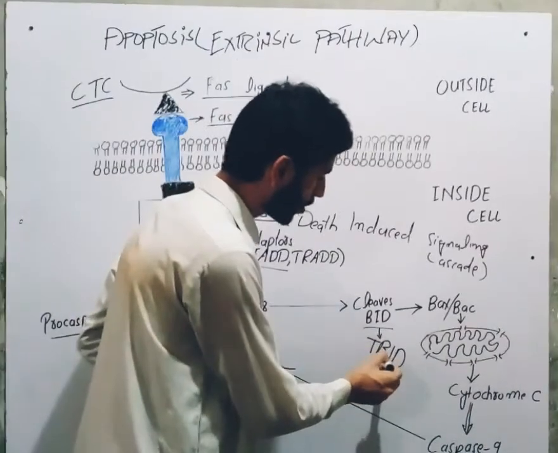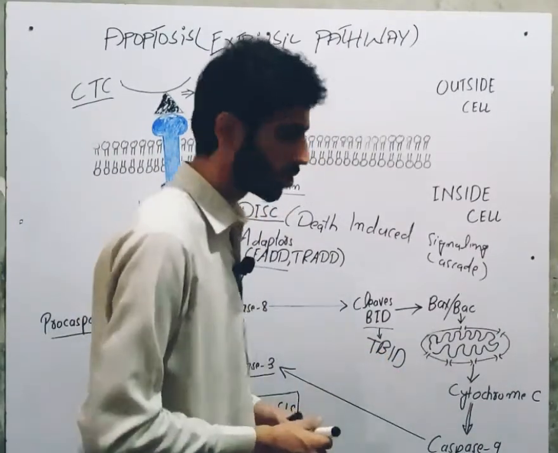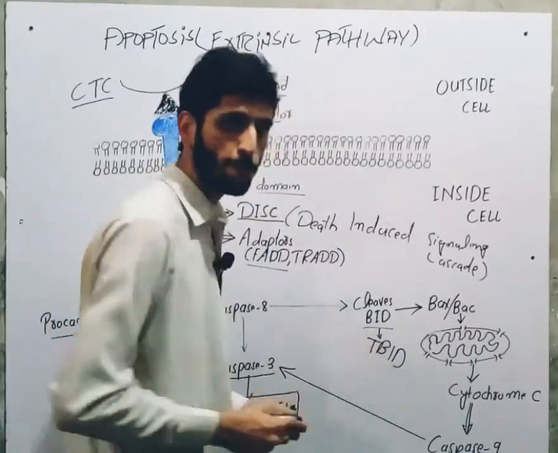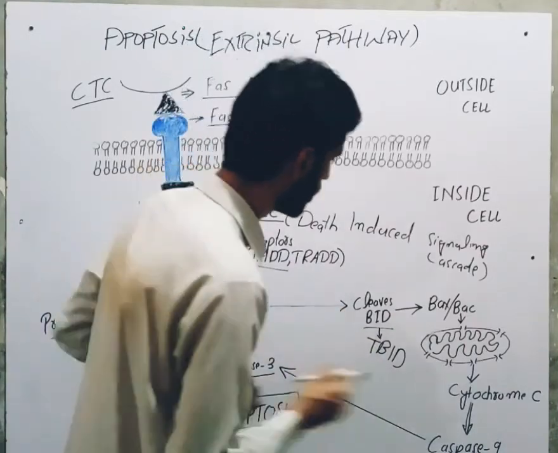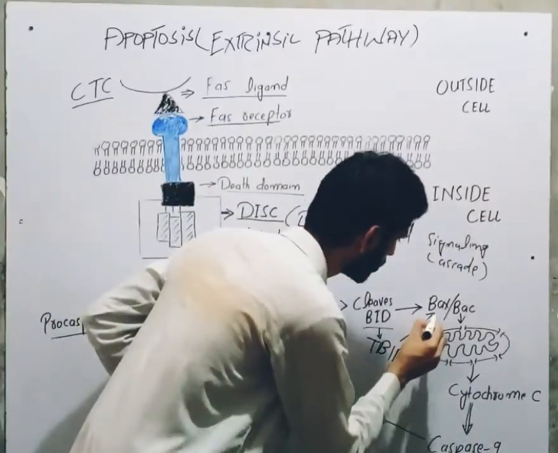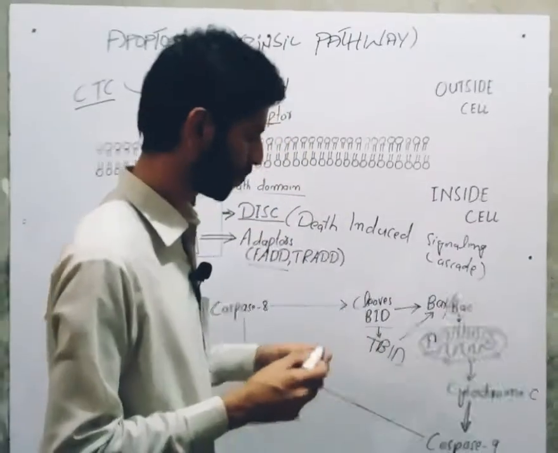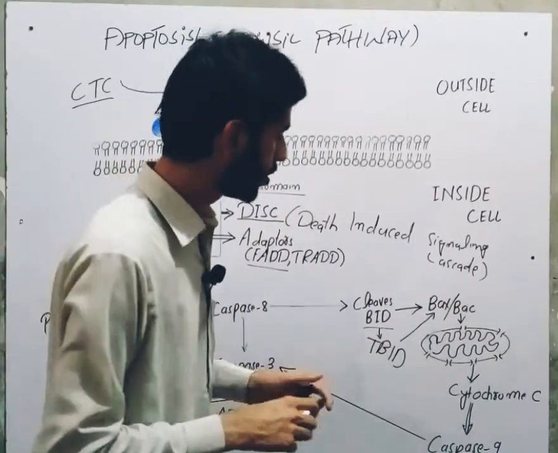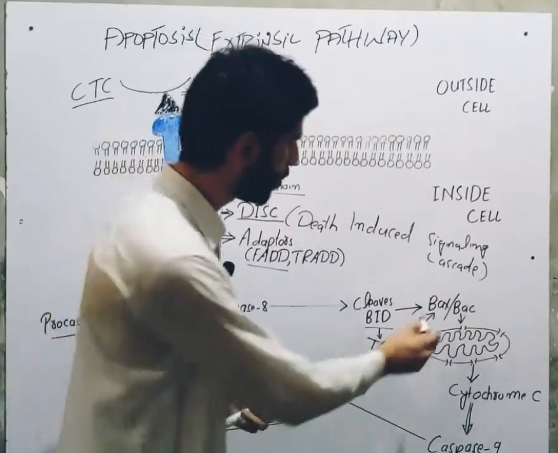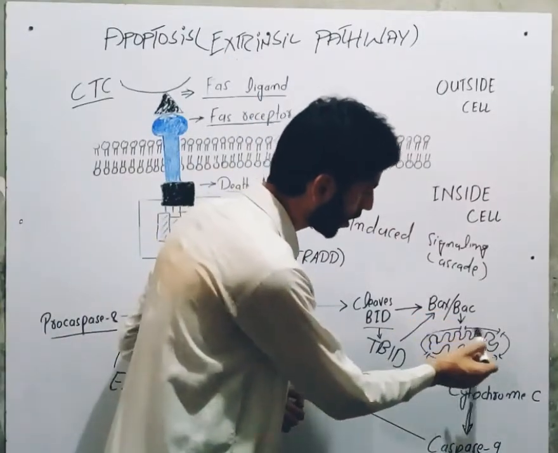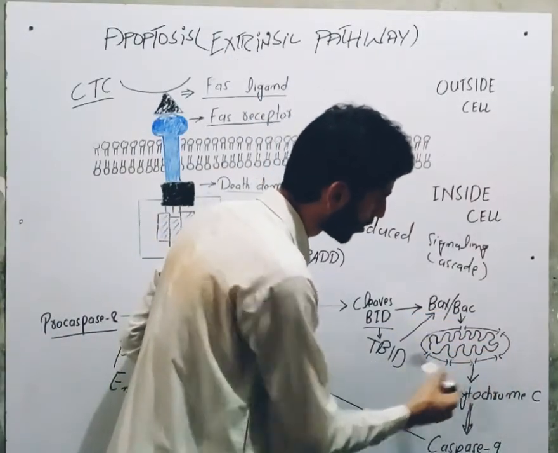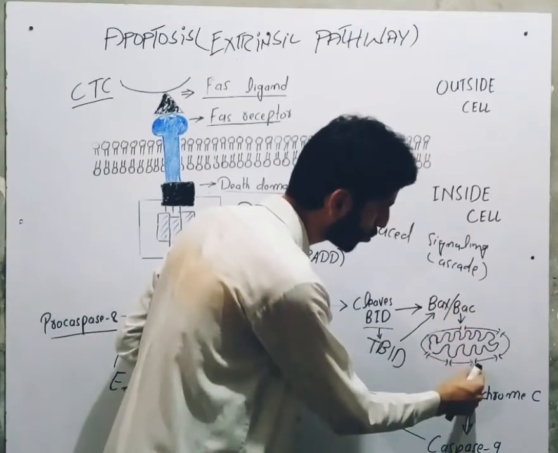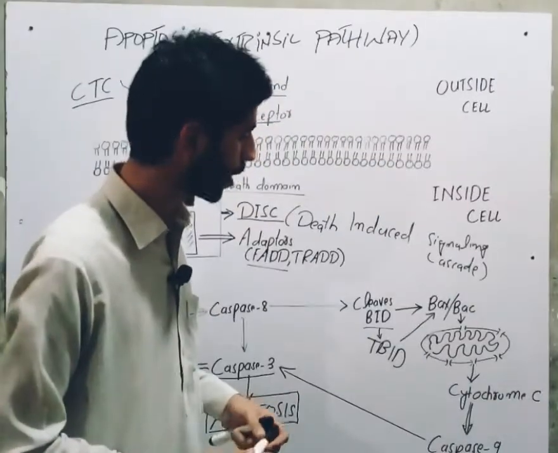So when BID is activated, this tBID activates these two molecules, BAX and BAK. And we discussed in the intrinsic pathway that BAX and BAK produce pores in the mitochondrial membrane.